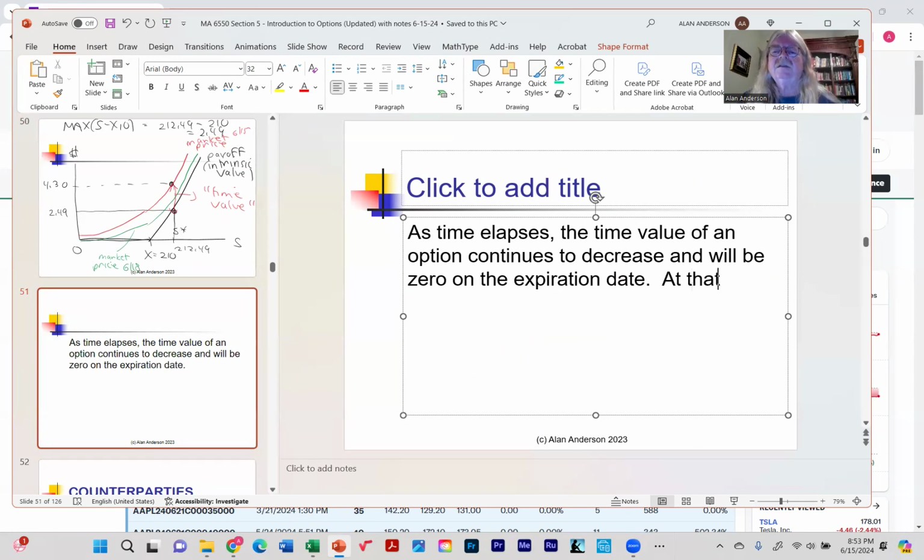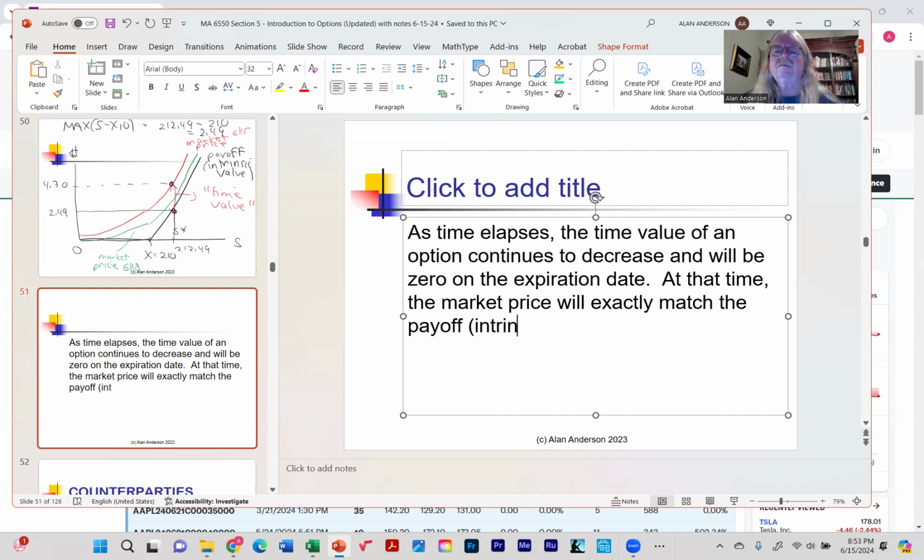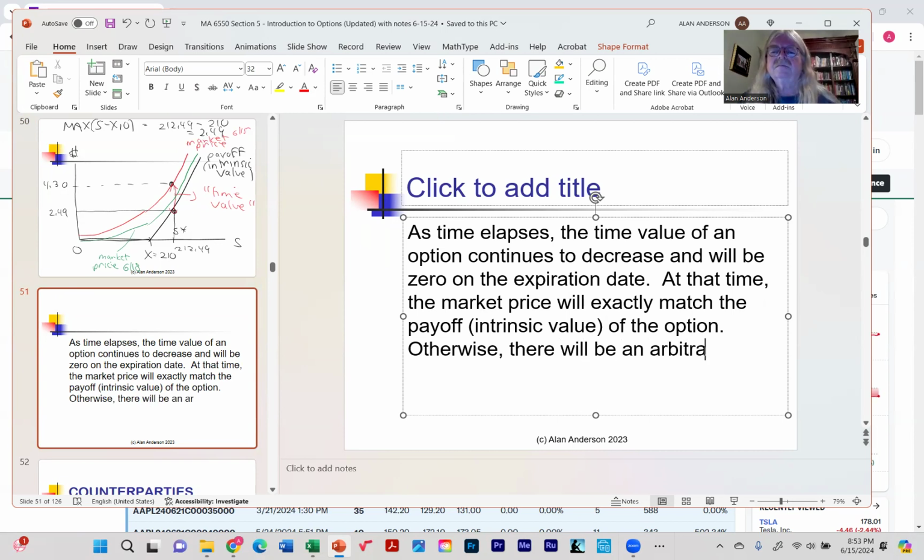At that time, the market price will exactly match the payoff or intrinsic value of the option. Otherwise, there would be an arbitrage opportunity, and we'll demonstrate that too. It would involve buying the underlying asset and selling, you'd be taking multiple steps, but you could certainly earn a risk-free profit if there's a discrepancy here.